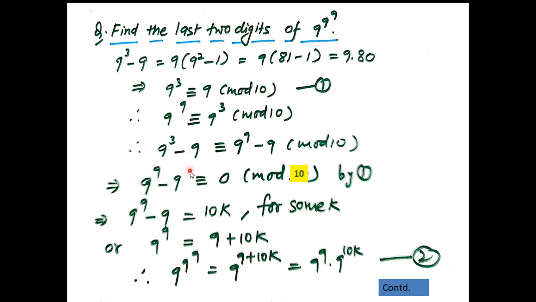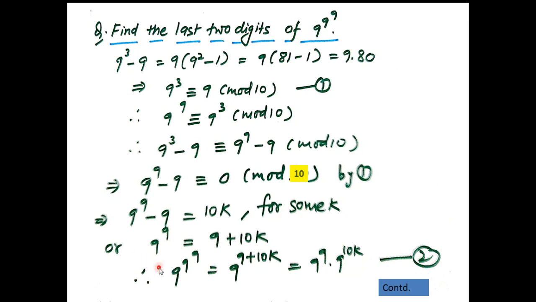So 9 to the power 9 minus 9 is congruent to 0 modulo 10, by equation 1. This implies that 9 to the power 9 minus 9 is equal to 10k for some k, because this is congruent to 0.